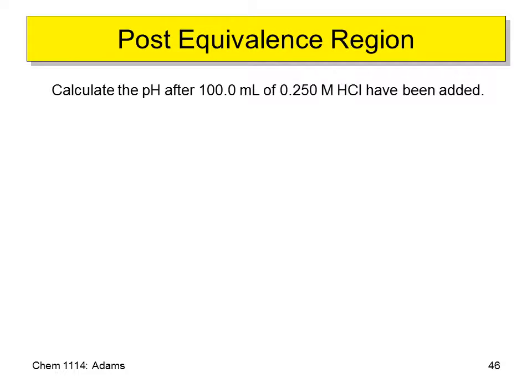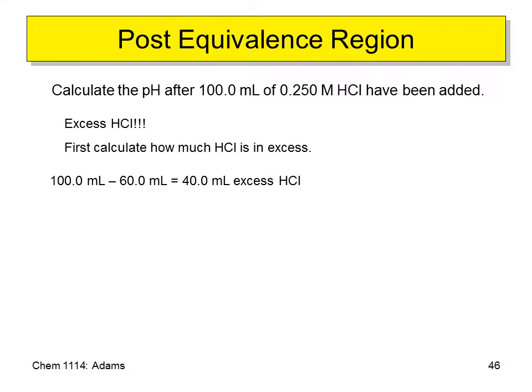Next, we've got our post-equivalence region, and this is part E, after 100 milliliters of the acid have been added. Again, we do not need an ice table because the only thing present in great excess that's giving us the pH is a strong acid, which does not have a Ka. We're going to calculate how much hydrochloric acid is in excess. We added 100 milliliters. We took 60, reacted 60 to the equivalence point, so I've got an excess of 40.